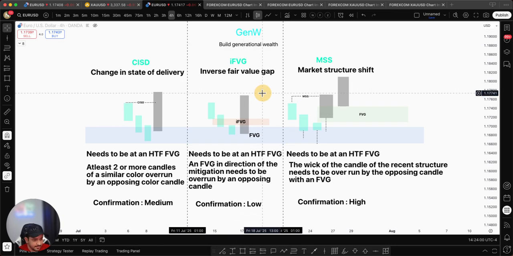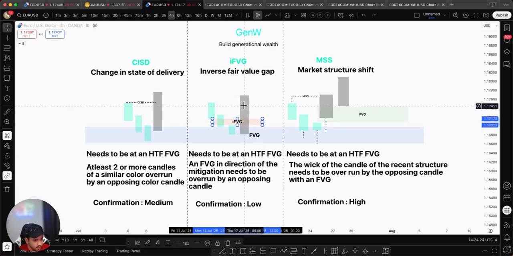In this, what happens is, whenever there's a mitigation of a higher time frame fair value gap, you want a fair value gap in the mitigation leg to be overrun by an opposing candle. Meaning, if you look, this was the fair value gap. Before this candle occurs, this was the fair value gap.